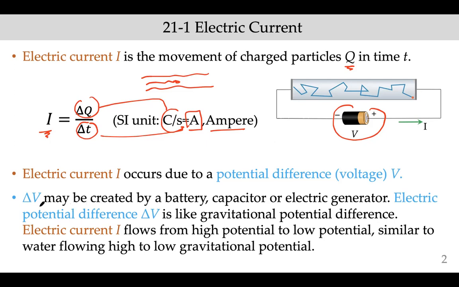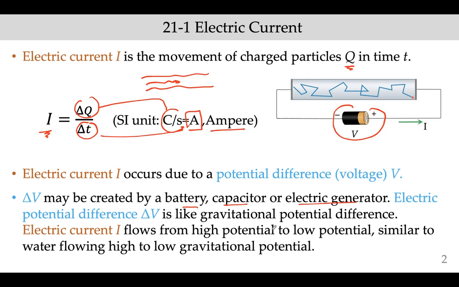So delta V, the potential difference, may be created by a battery or by a capacitor or electric generator. Electric potential difference, delta V, is like gravitational potential difference. And electric current I flows from high potential to low potential, similar to water flowing from high to low gravitational potential.